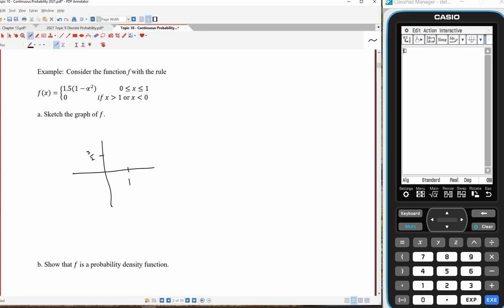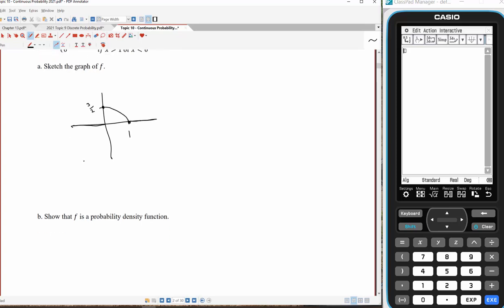And all that is a parabola that has been moved up 3 on 2. So this is also the turning point. So that's what it's going to look like. So between 0 and 1 we have these values, and everywhere else we have nothing. So it's just a horizontal line there and a horizontal line there.